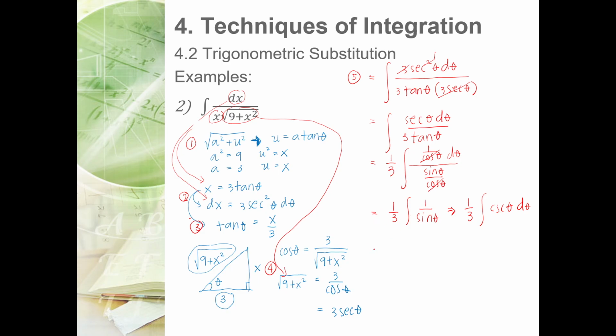By the formula for cosecant theta, this would give us 1/3 ln of cosecant theta minus cotangent theta plus c.